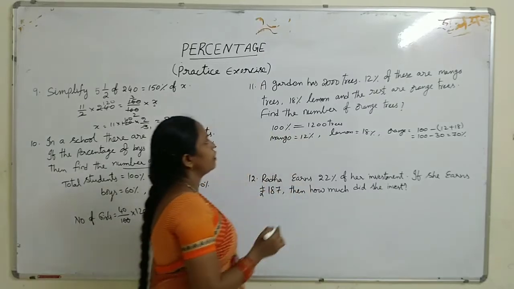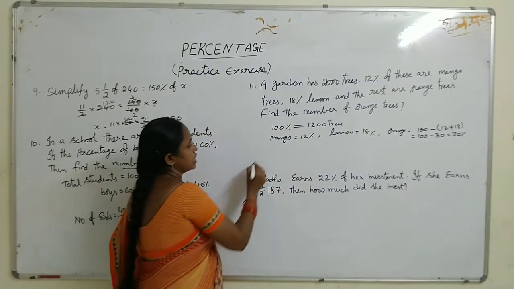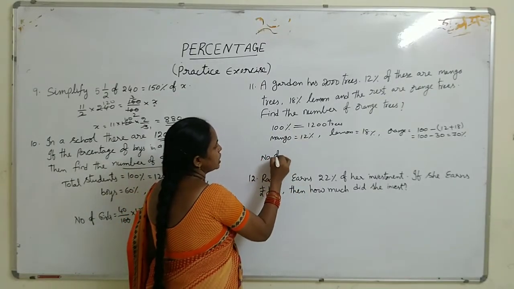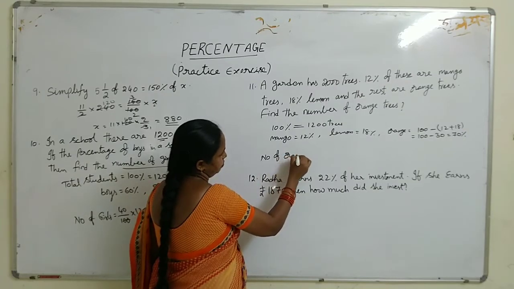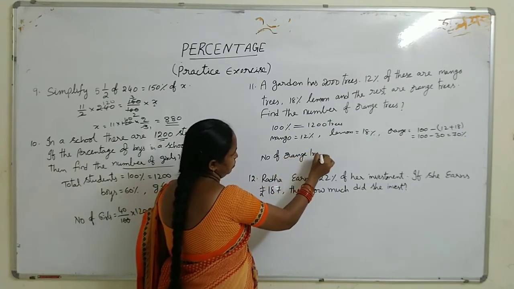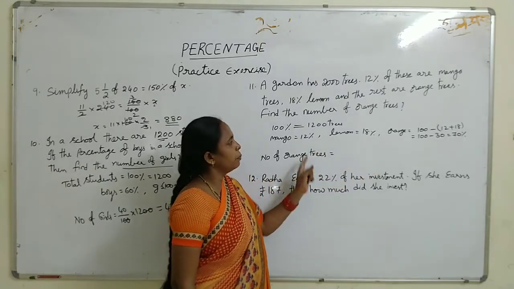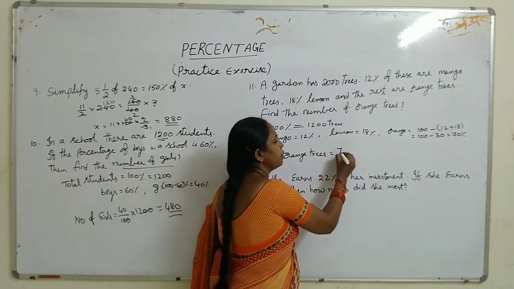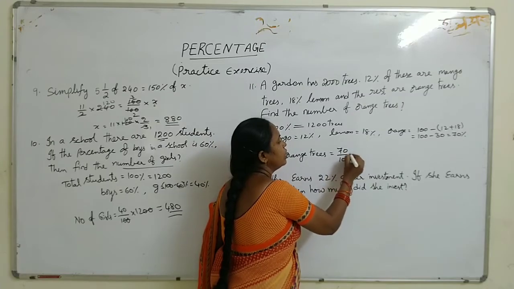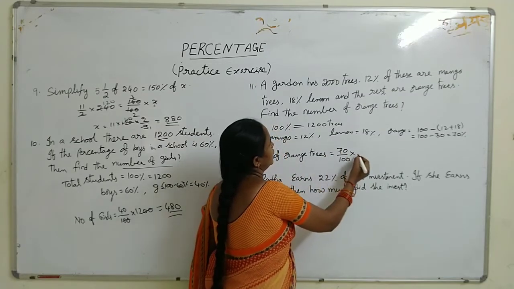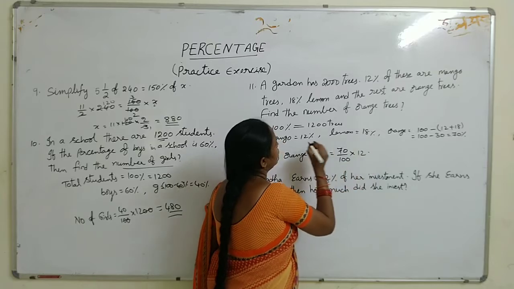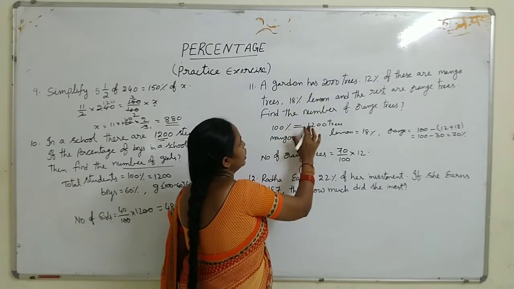So we have to find out the number of orange trees. The percentage of orange trees is 70%. The number of orange trees equals 70 by 100 into total trees. Sorry, not 1200, total trees is 2000.